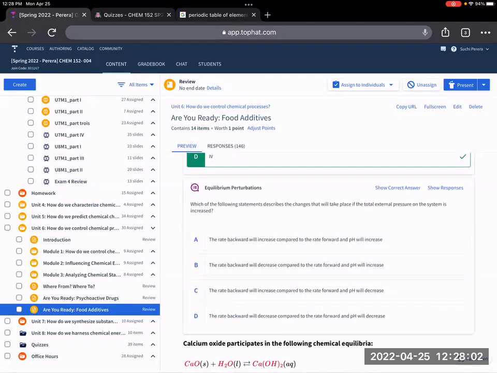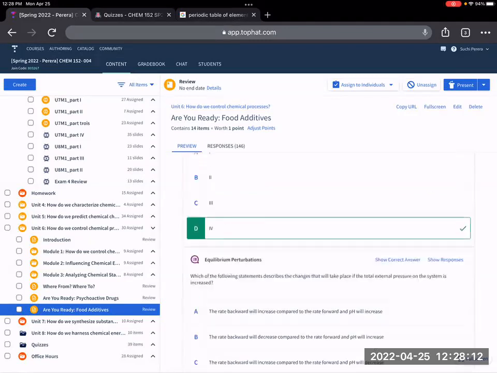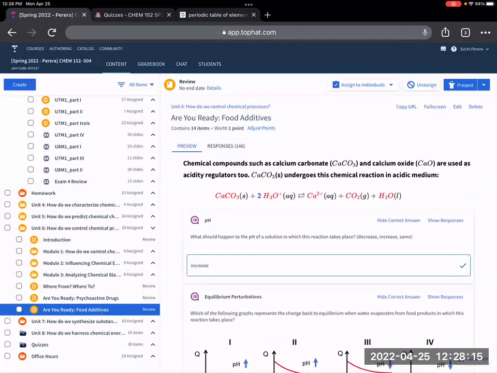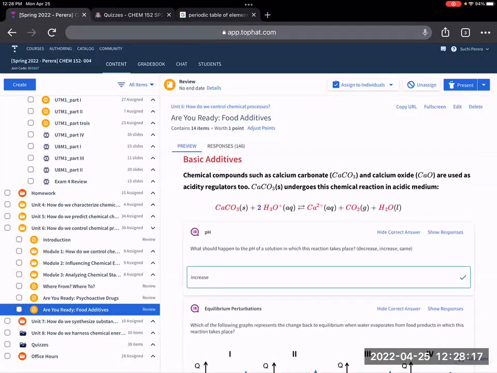Okay, one last question. Equilibrium perturbations: which of the following statements describes the changes that will take place if the total external pressure on the system is increased? Okay, so when you increase the pressure, that's going to be equivalent to increasing the concentration of gaseous species. The only gaseous species in this reaction is carbon dioxide gas, right?